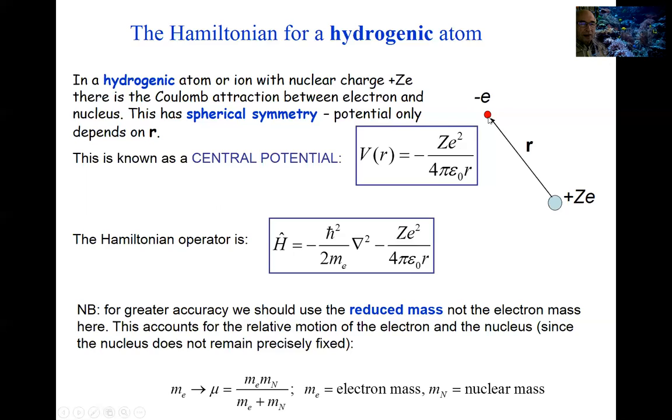But actually, if we talk about hydrogen, the masses of proton and electron are not that different. So therefore, we should have been using reduced mass for this system, this reduced mass mu. And that introduces various corrections, as we'll see later.